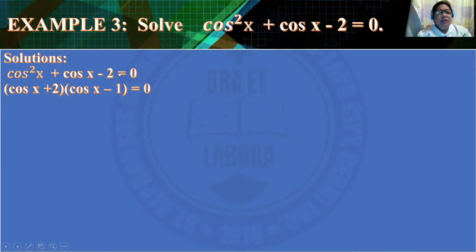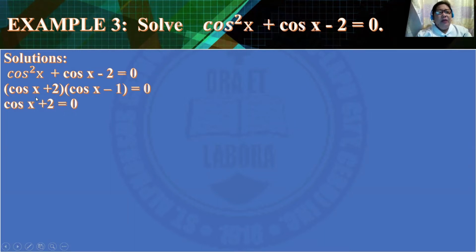Factors of negative 2 are positive 2 and negative 1. When you multiply 2 and cosine x, we have 2 cosine x. Cosine x with negative 1 is negative cosine x. So, when you combine, it will give you the middle term, which is cosine x.